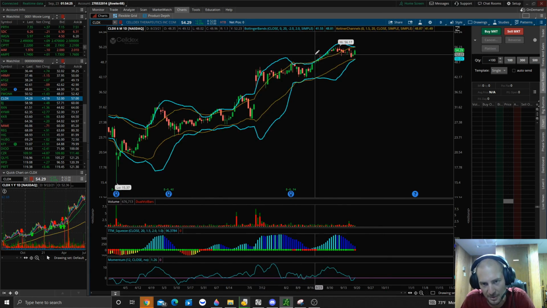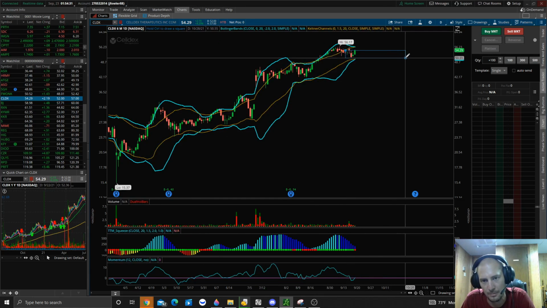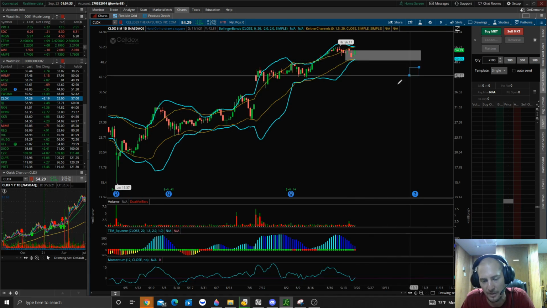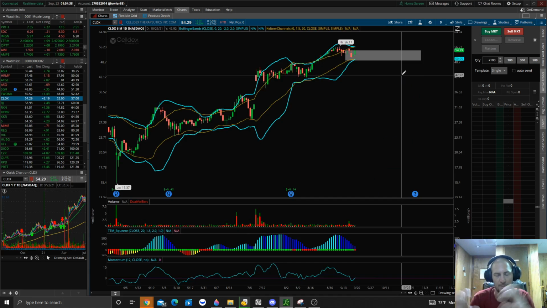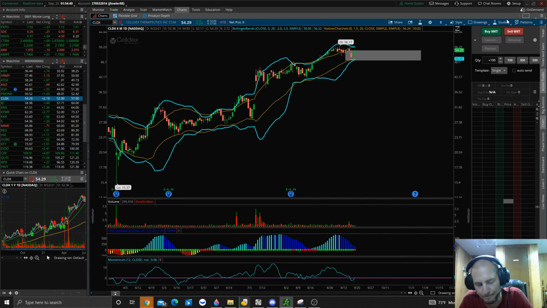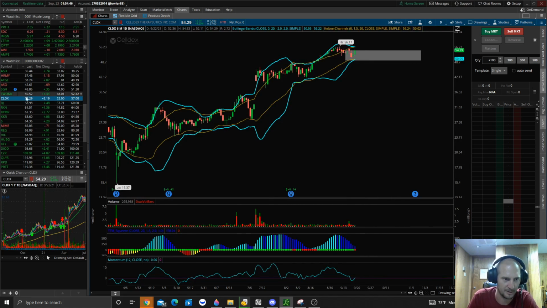It's already started flagging a bit here. Now what we want is for this to move sideways for a bit, volatility to contract, right? Compressed volatility, starts to squeeze a bit, and then we're looking for that squeeze to fire off in the direction of the trend.